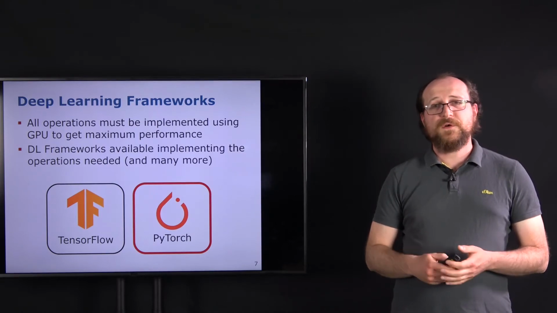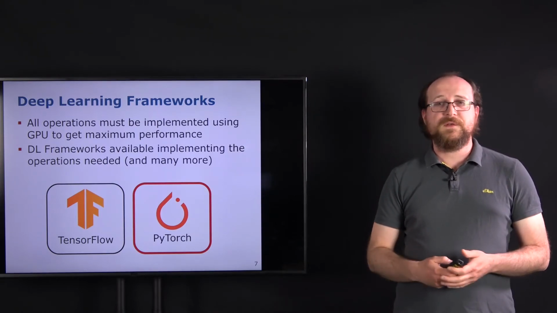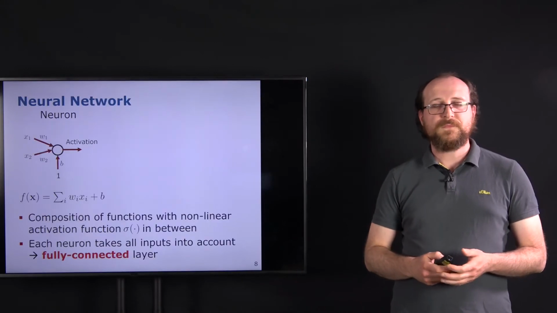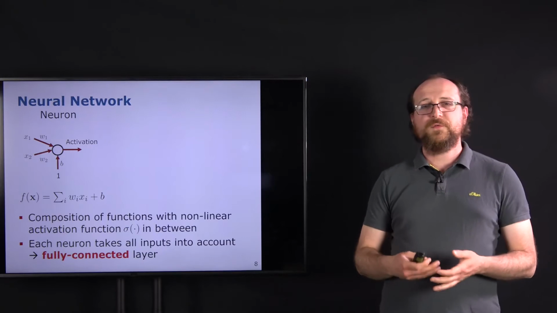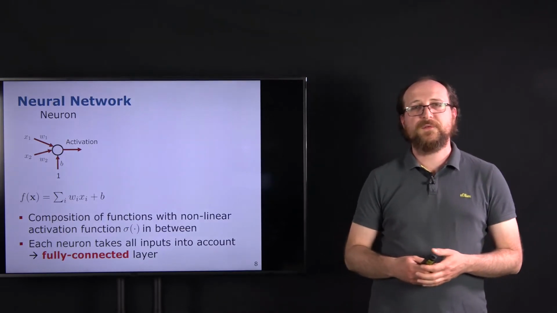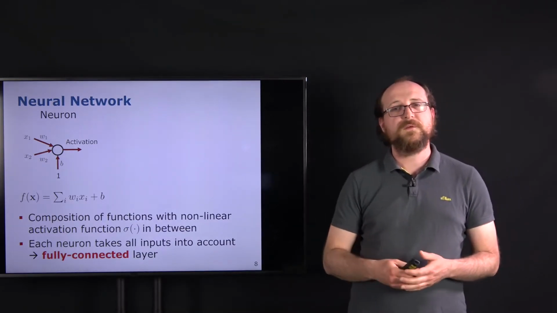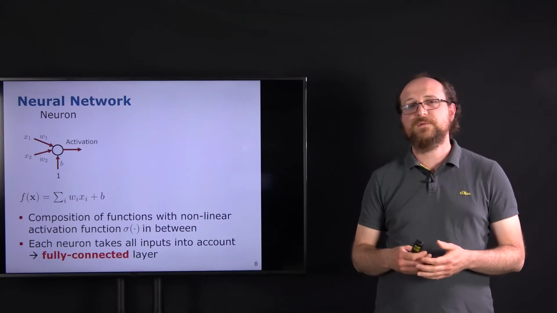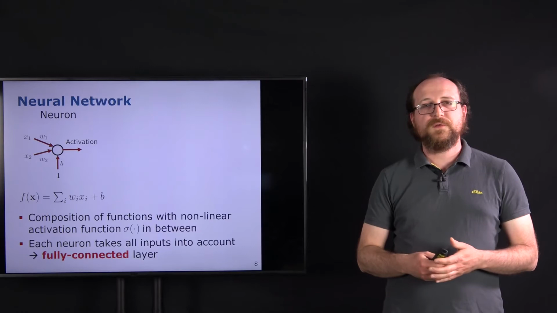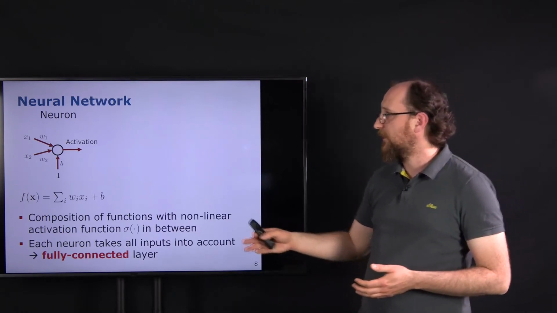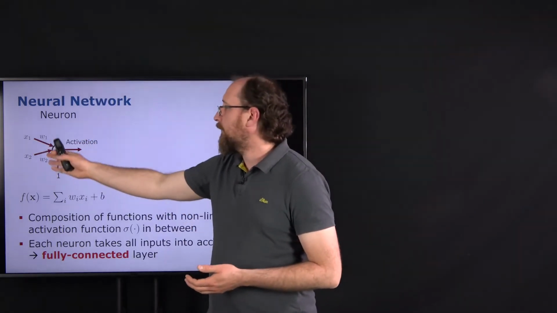And when we are talking about deep learning, we are talking basically about neural networks. In a nutshell, a neural network is a composition of functions. The view that you can have on a neural network is that you have a neuron that has some inputs, here called x1 and x2, and for each of these inputs you have a weight.